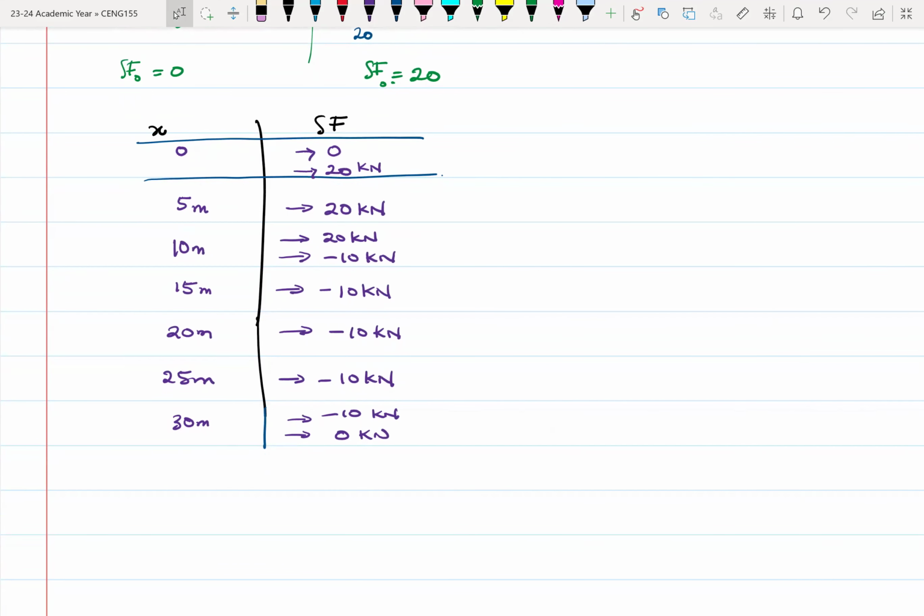Now, this can be used to plot a graph. We have our x-axis here, then we have our y-axis over here, or the y values. So we can plot a graph through this.